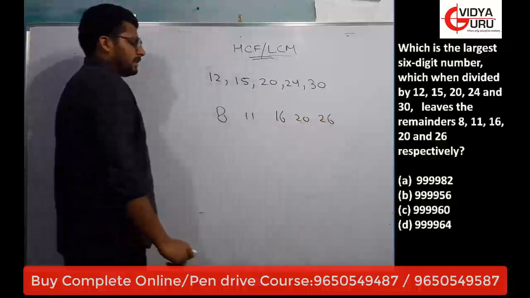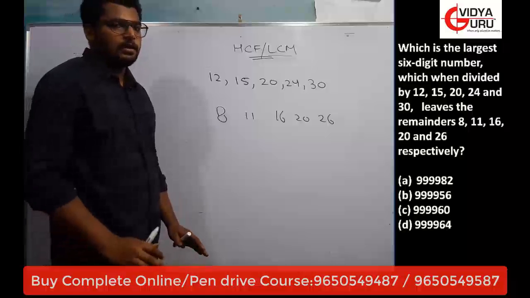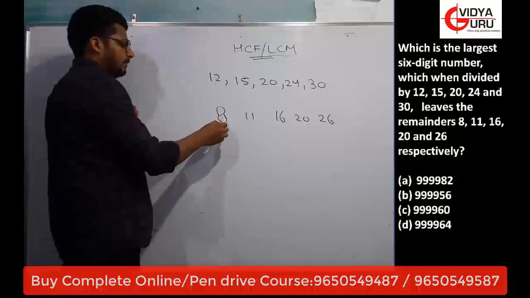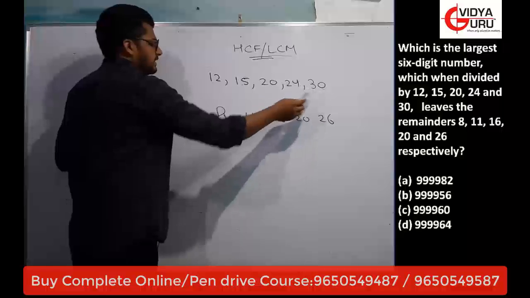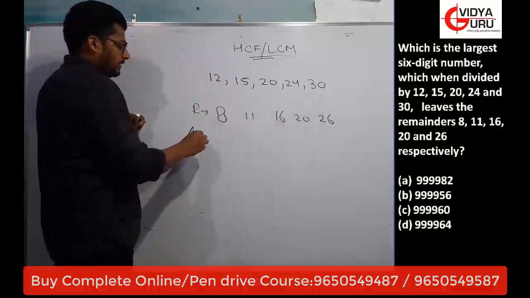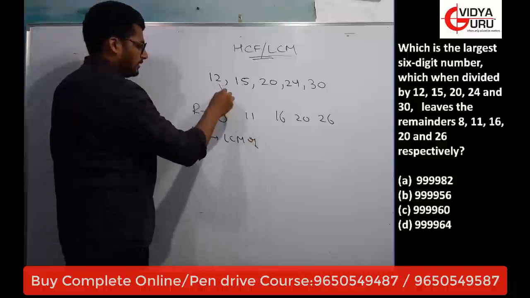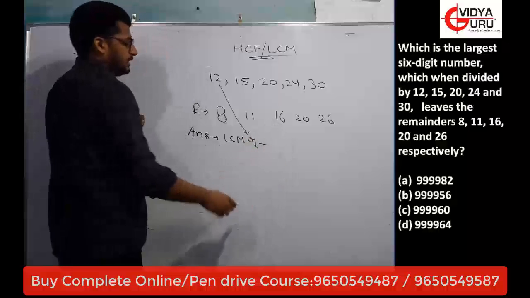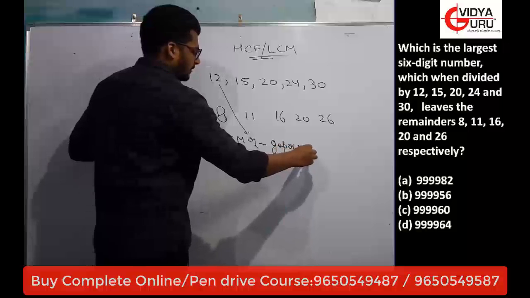In such cases, if it was not the largest 6 digit number, and only the LCM was asked, find that number which when divided by these leaves these remainders, the answer will be LCM of these numbers minus the gap between numbers and remainders.